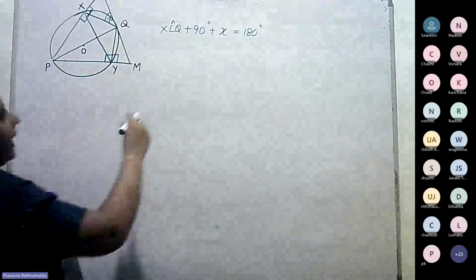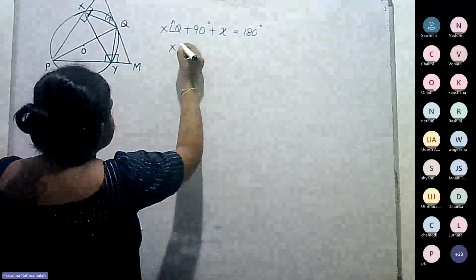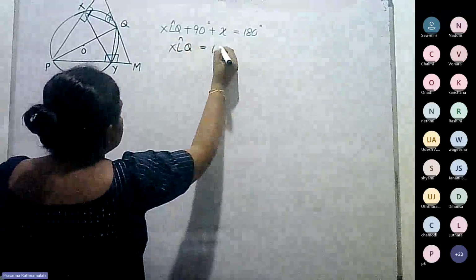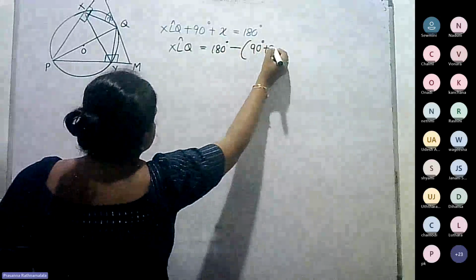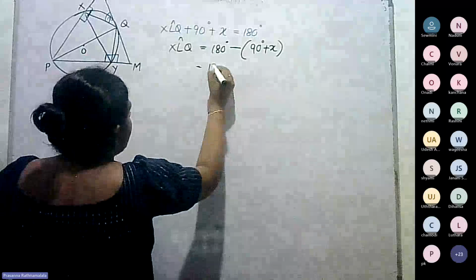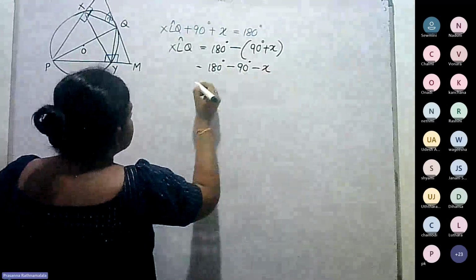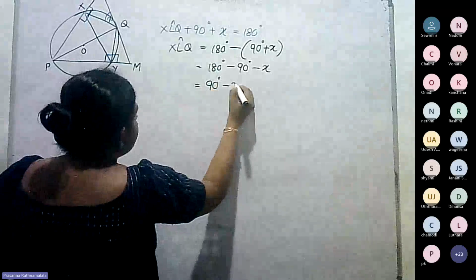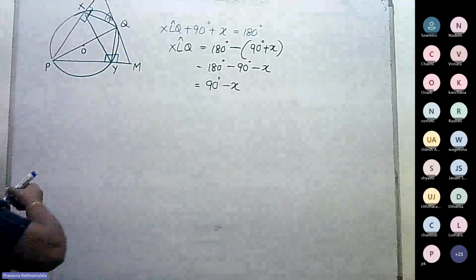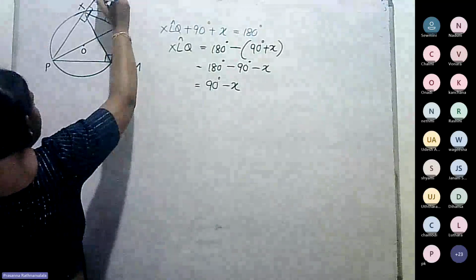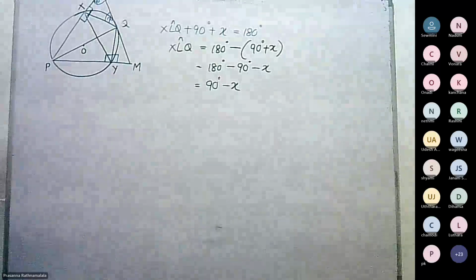Then you make XLQ the subject in terms of X. XLQ equals 180 minus (90 plus X), that is 180 minus 90 minus X. You can simplify this to 90 minus X. And the magnitude here is 90 minus X.